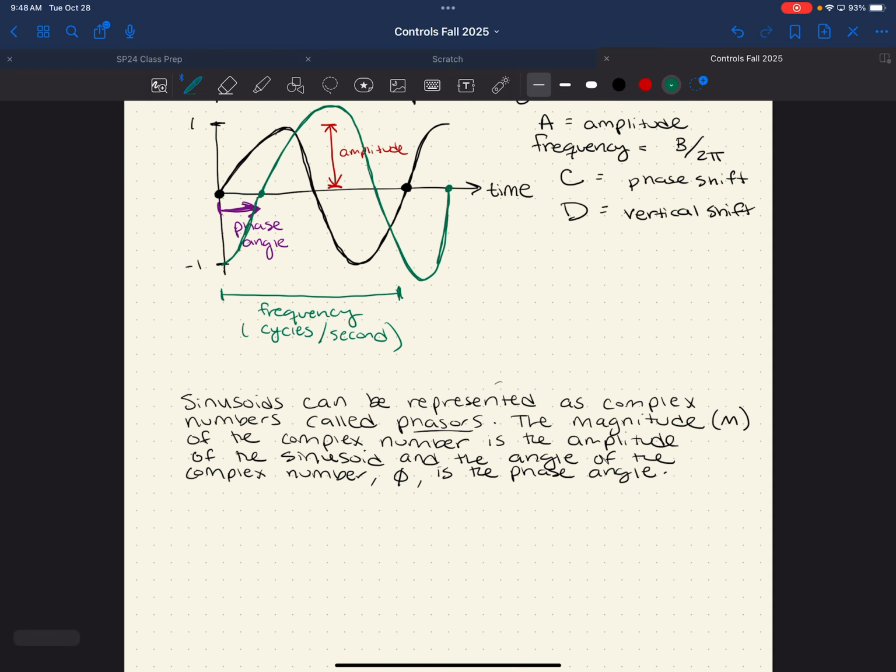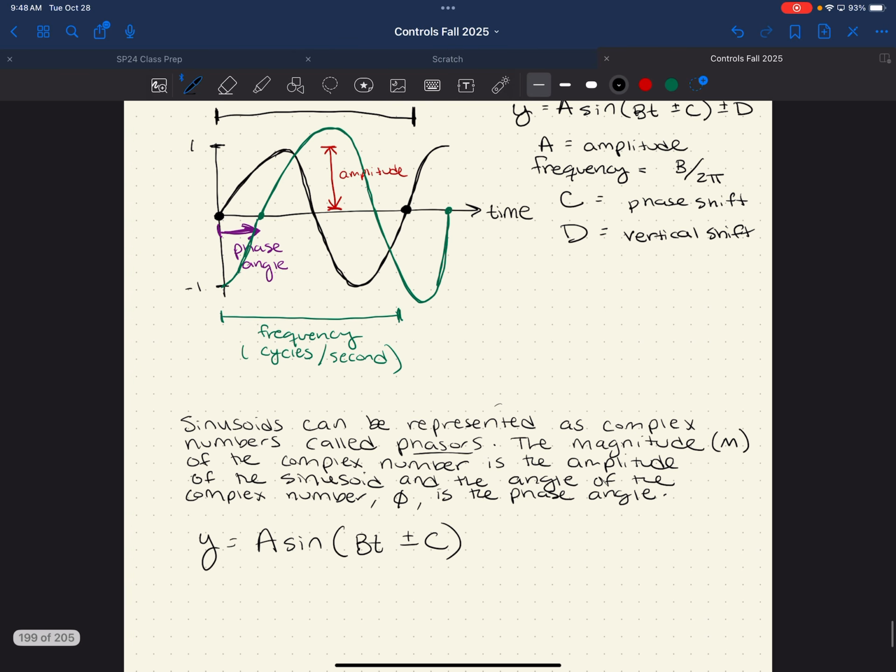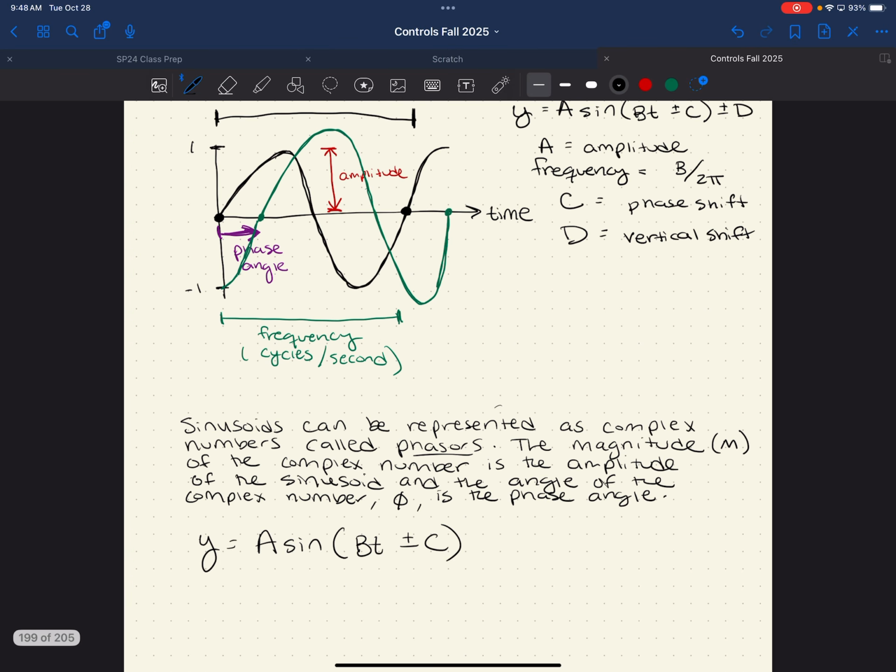If I have a sinusoid y equals A sine(bt plus or minus C), let's not worry about our vertical shift for today. We'll say all of our sinusoids will be centered about the time axis, or the 0.